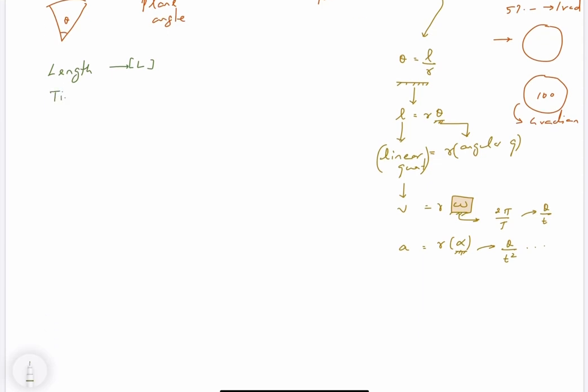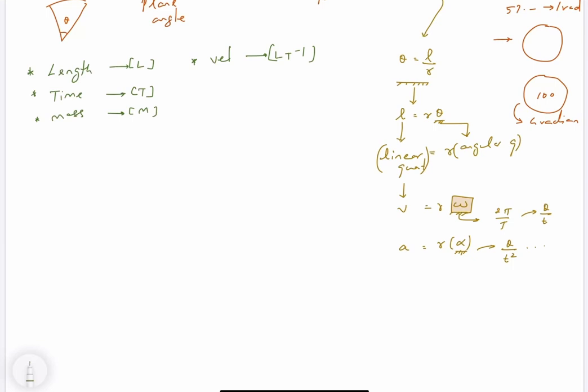Then we have time, which is nothing but T. Then mass is nothing but M. Then we have velocity. Let me just write. Velocity is nothing but LT power minus 1. The purpose of doing this is to make you derive all the derived quantities very easily, so that there is no stress or fear to memorize all these dimensions.